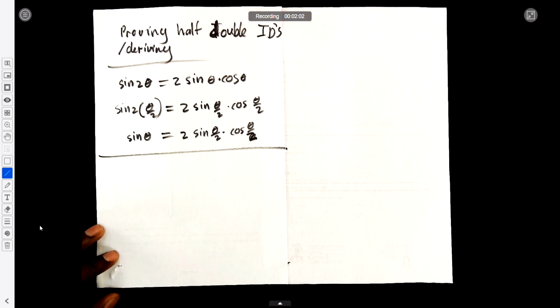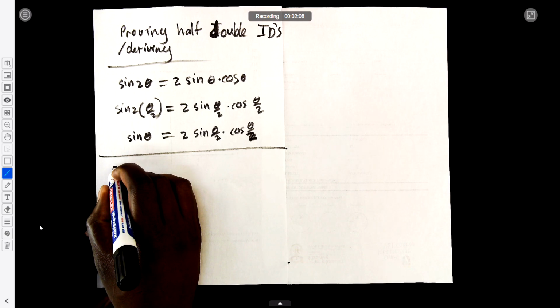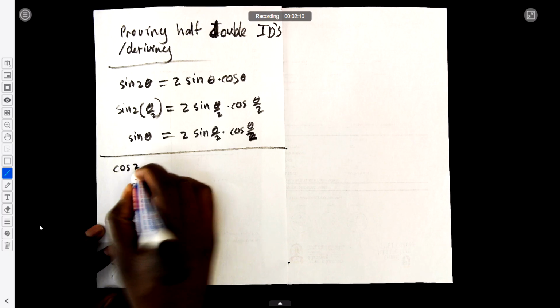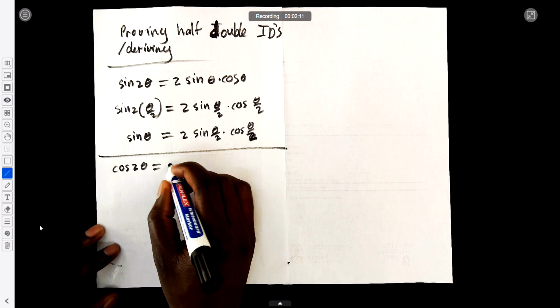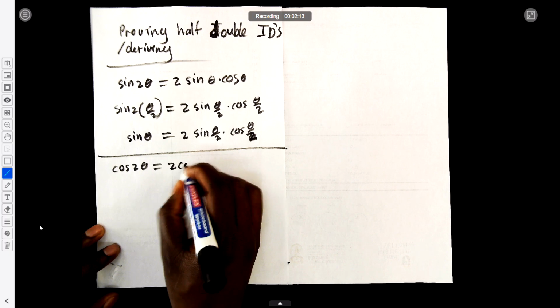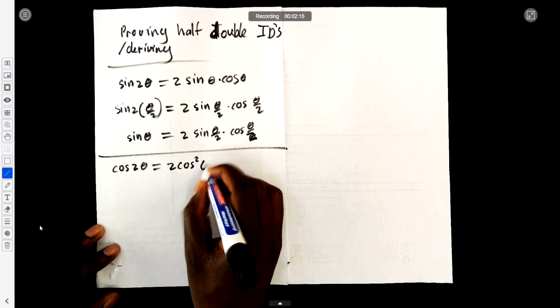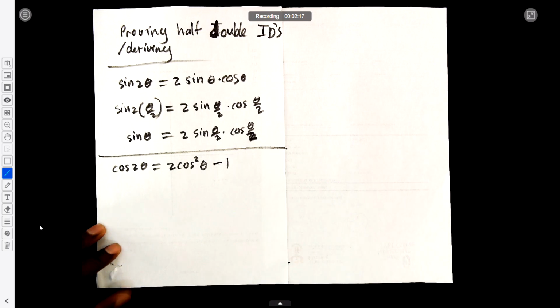So for another one, when we want to know what is maybe sin theta or cos theta, we go to the double angle identity. Let's use the one of 2 cos squared theta minus 1. So cos 2 theta equals 2 cos squared theta minus 1. So let us prove.